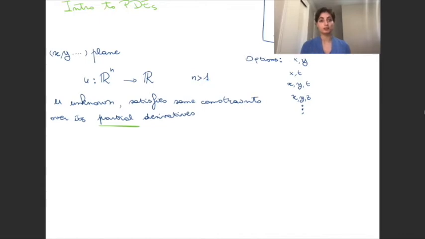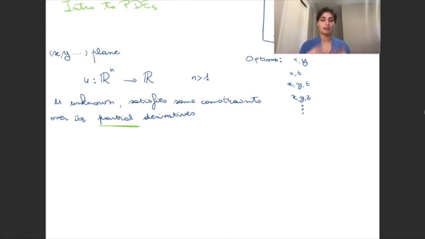The main difference is now that the function we have, that I'm going to be denoting by u, is a function that goes from Rn to R. So u depends on more than one variable. It can be depending on the xy plane, or on x and time, on the xy plane and time, and so forth.